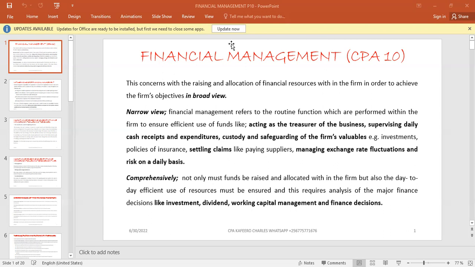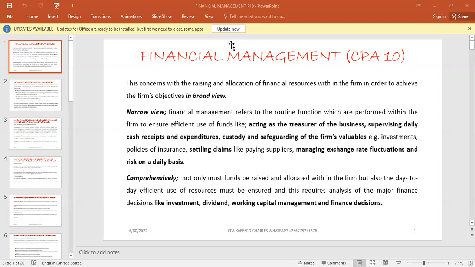Taking financial management into consideration, we are able to utilize the funds that we've sourced from different platforms, maximize the revenue and minimize the costs we are going to be incurring. These activities may include acting as a treasurer of the business.